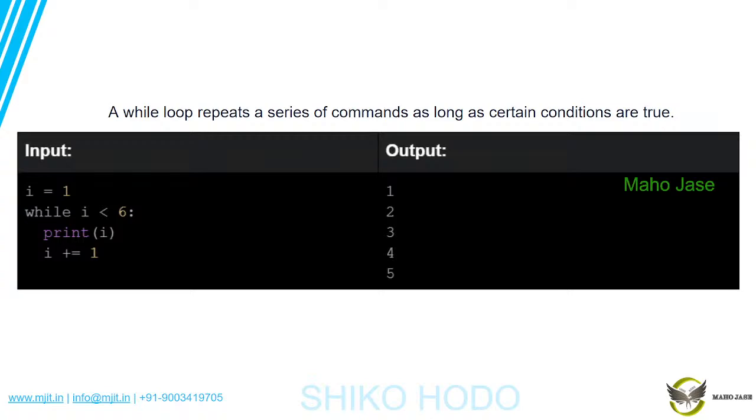So what he would do, he would count 1, 2, 3, 4, 5, because he should stop at that condition.